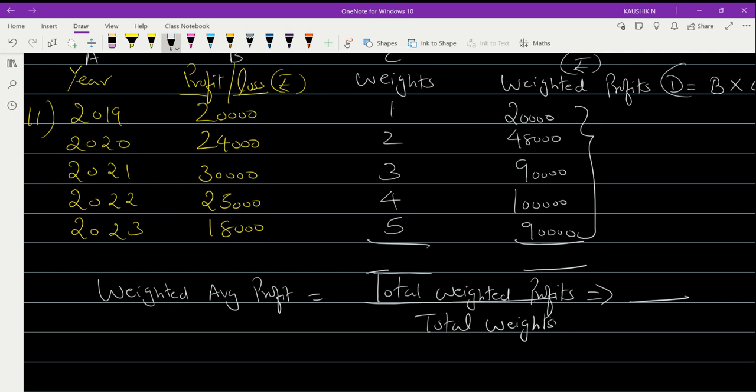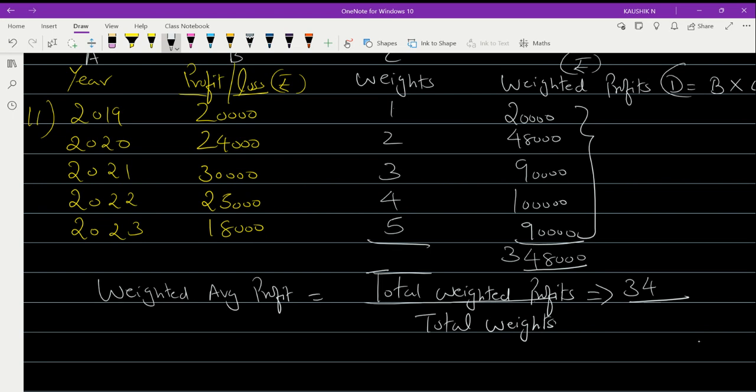So how much are you getting for weighted profit and total weights? For total weighted profit, 3,48,000. Tell me, is that the weighted profit or the total weights? Total weighted profit. 3,48,000. Okay.